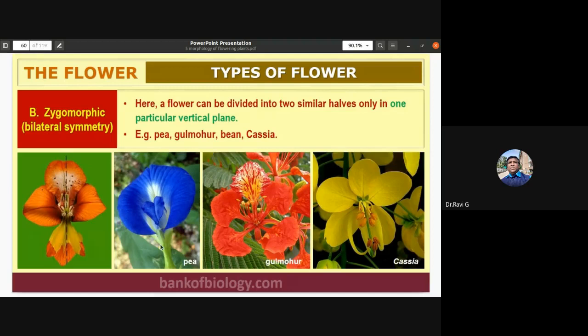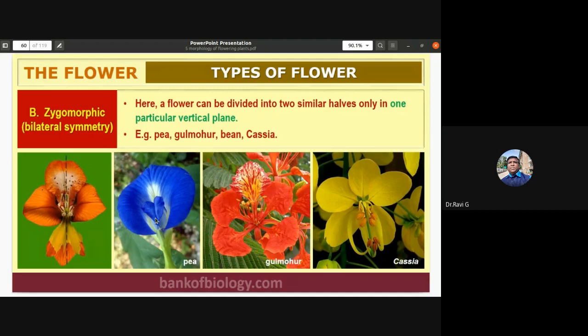This type of corolla we call papilionaceous corolla, where they have a single large petal, a pair of wings or alae, and there is a boat-shaped structure called a pair of keel or carina. So papilionaceous corolla has a single large petal called standard, a pair of wings or alae, and a pair of boat-shaped petals which we call keel or carina.